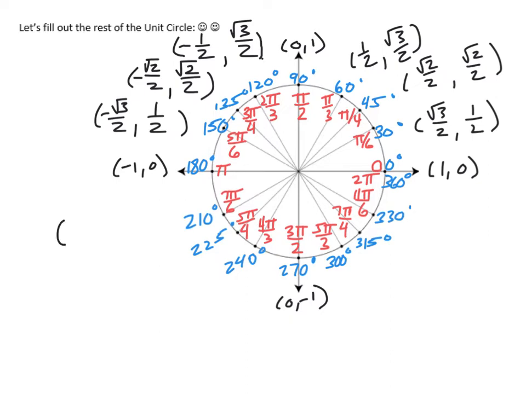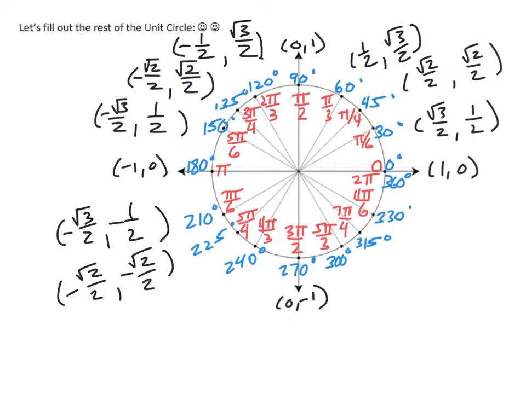Okay, so here's 210, right? This is going to come from reflecting 150. But now we're in quadrant 3, right? Everything is negative down here. 225, negative, negative. Right? 240, this would come from reflecting 120, right? 1/2, square root 3 over 2, negative, negative, right?